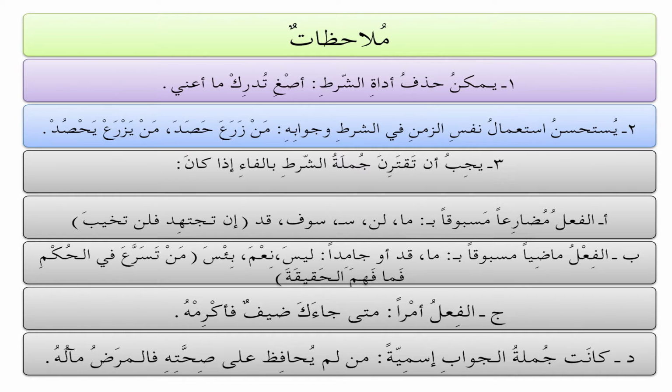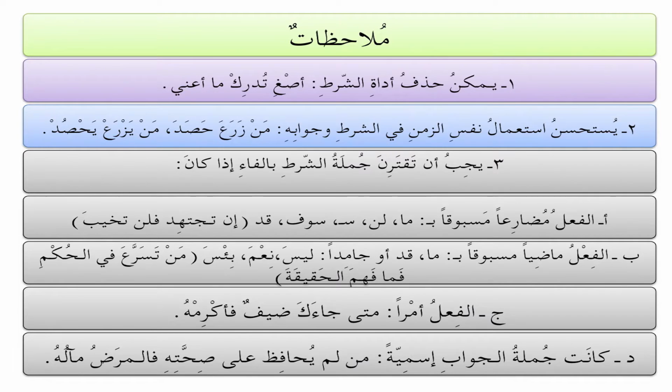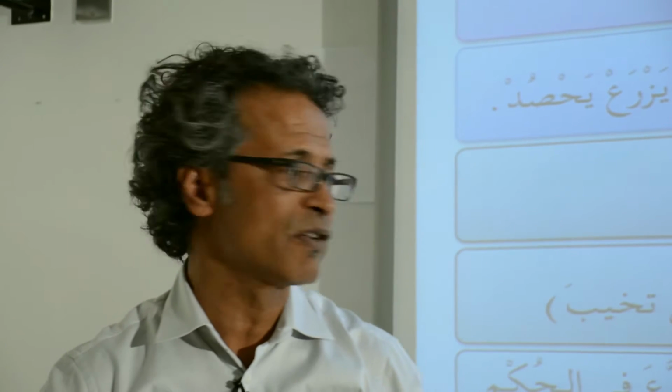ب, الفعل ماضيا مسبوقا ب. If the verb is in the past tense and it's preceded by ما, قد, أو كان جامدا. If it is a type of verb that actually cannot conjugate in multiple tenses. For example, ليس, one of them. نعم, بئس. ليس is not, remember, is one of the sisters of كان.